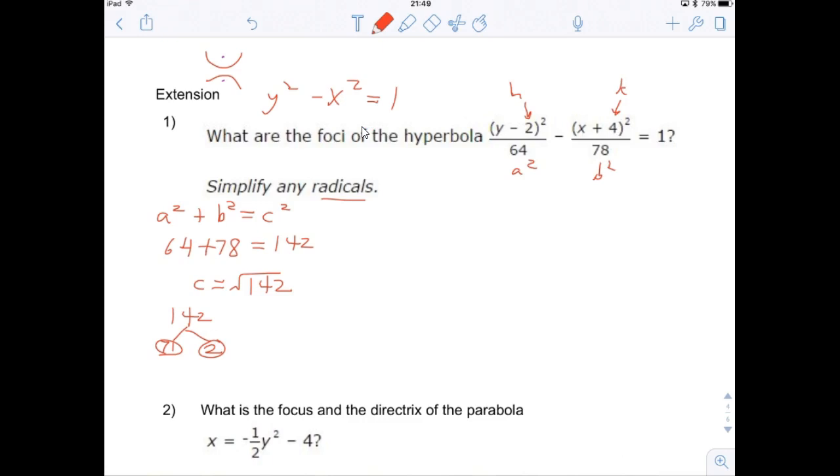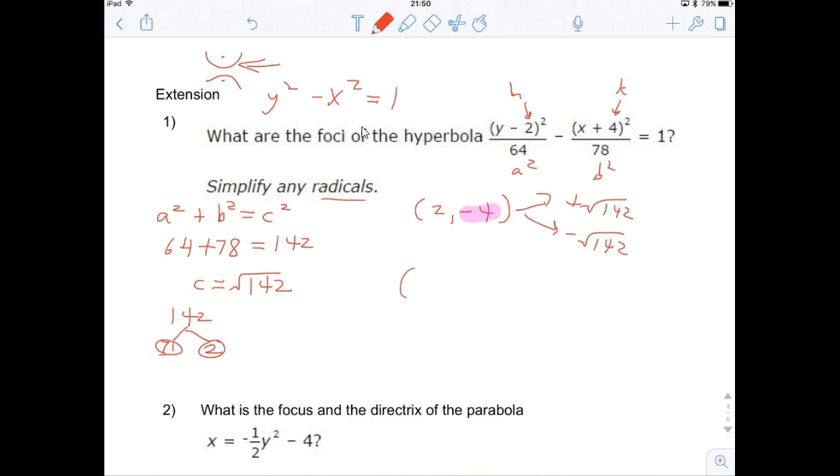We know that the foci are vertically oriented. We know that the center point is 2, negative 4, right? To figure out where the foci are in relation to this, we're going to take the y value and add square root of 142, and then also subtract square root of 142 to get the two possible values.